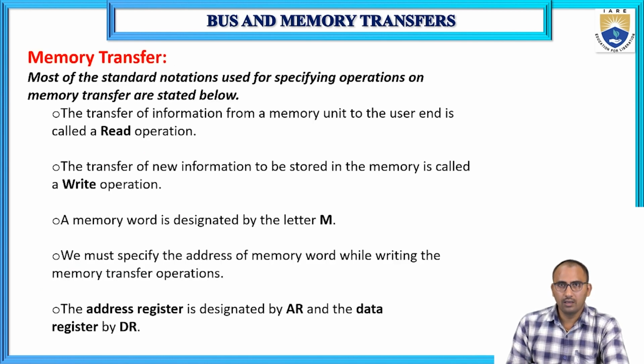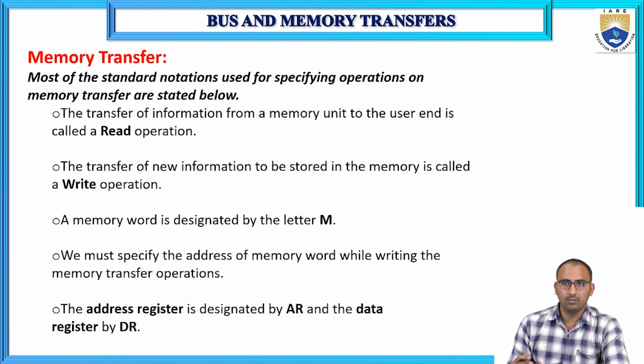And coming to the memory transfer. Already we know memory is used to store information or data. Using that memory, we can perform two types of operations: memory read or memory write.